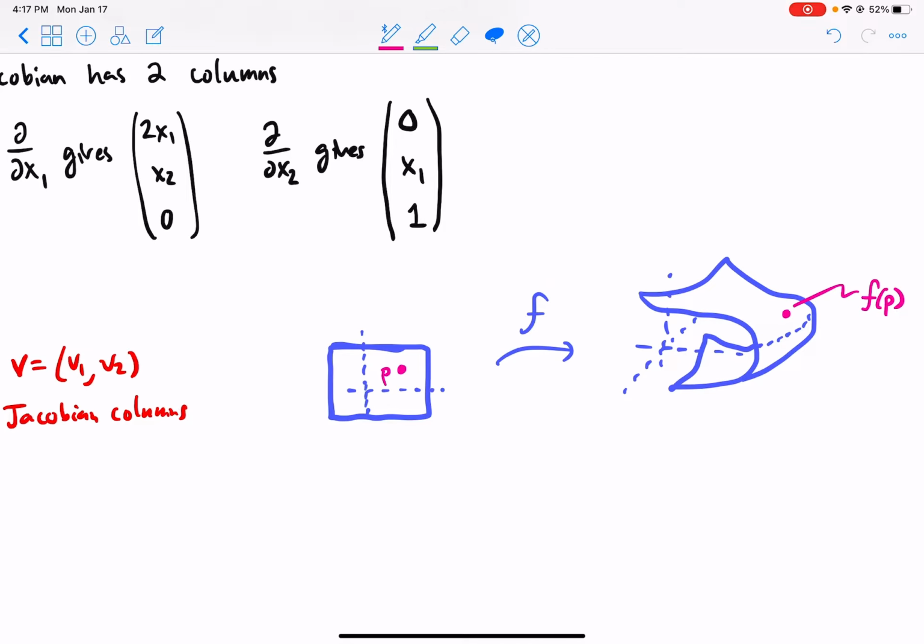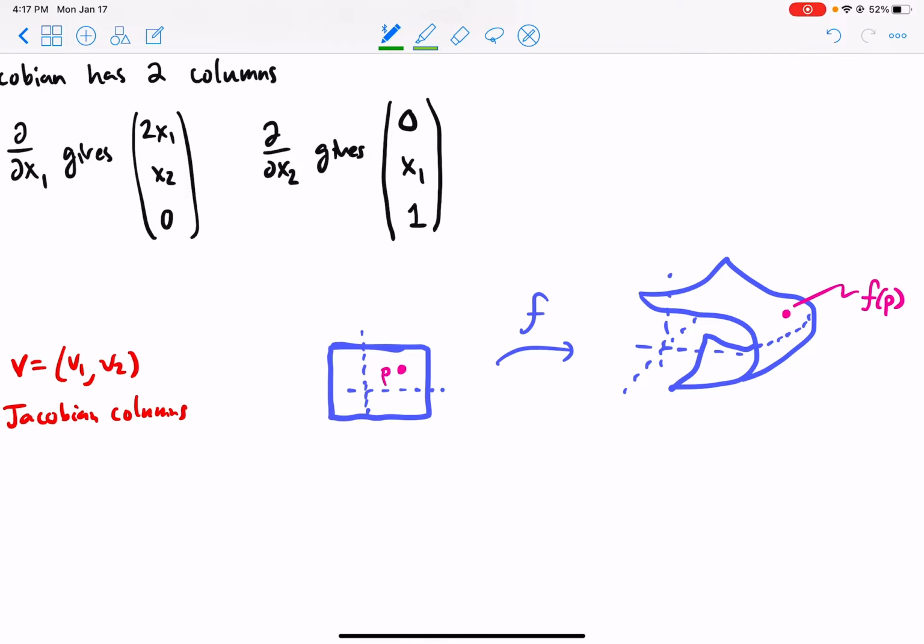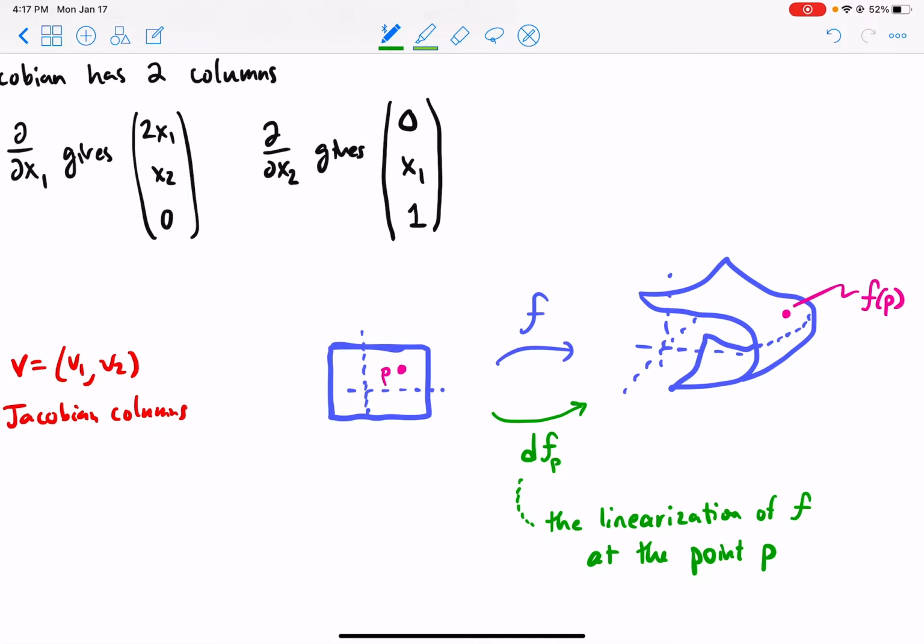Now, what we'll do is we'll linearize there. So what we'll do is create another map, a completely new map. This is the linearization of F at P. And I'll just say that in words: the linearization of F at the point P. We had to choose a point to linearize.